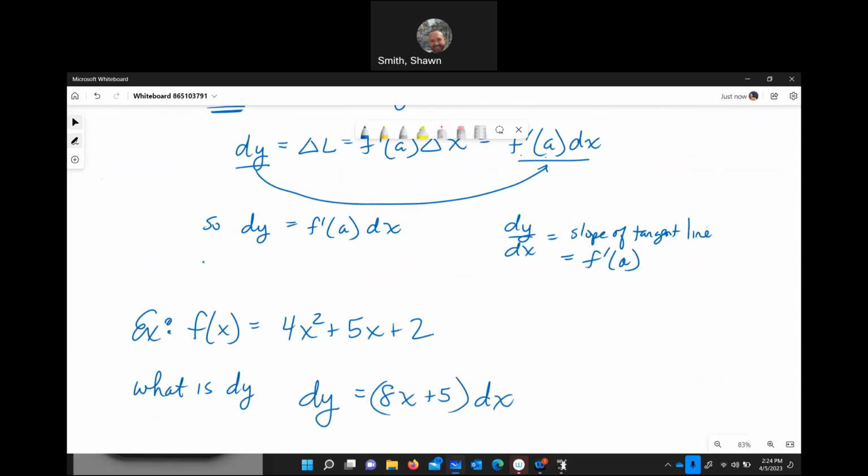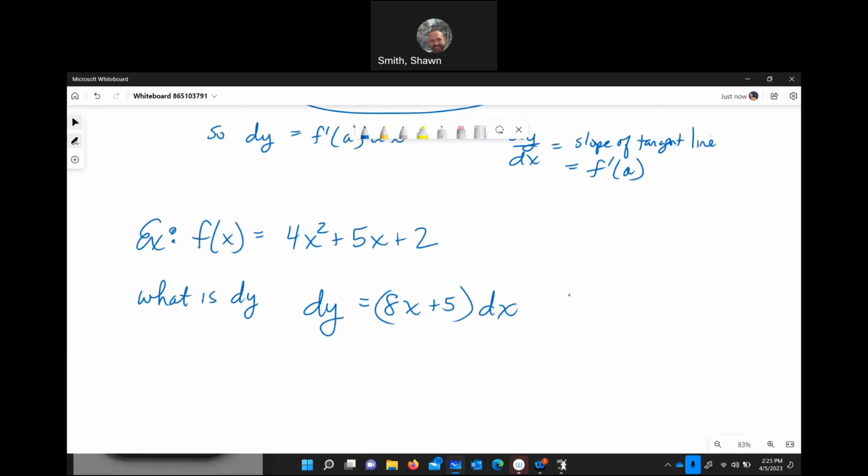That's it. I didn't give you any specific values to plug in, so that just gives me a formula for the change in y. So all you do is take the derivative and tack on dx at the end.